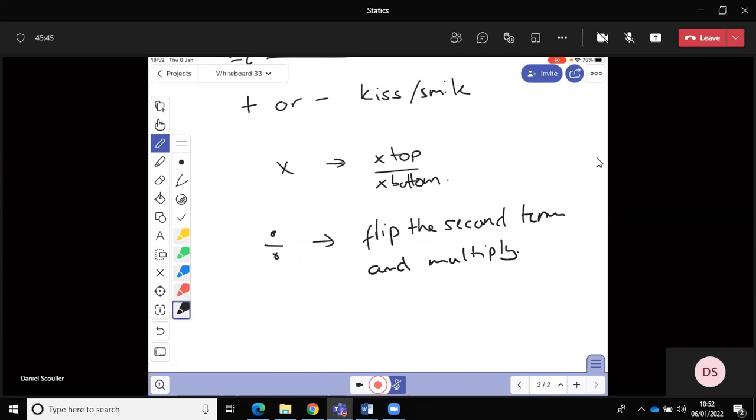Again, we've done this over the last few weeks when we've ended up with a fraction as part of a straight line equation or whatever. Hopefully you're familiar with this. I just want to go over a few points where sometimes you struggle, and then look at a past paper question off the back of that, where we've got a couple of fractions.